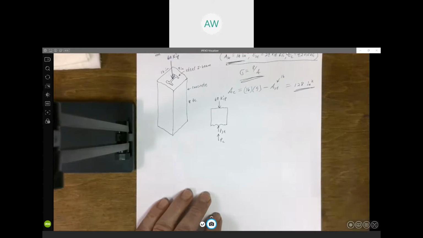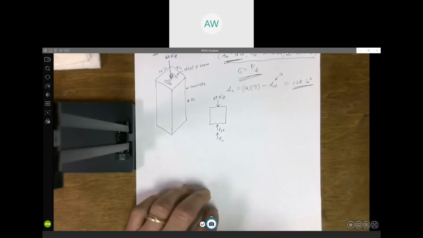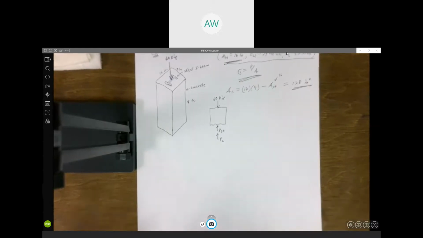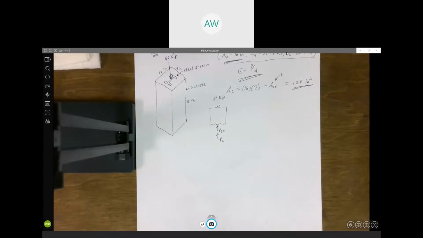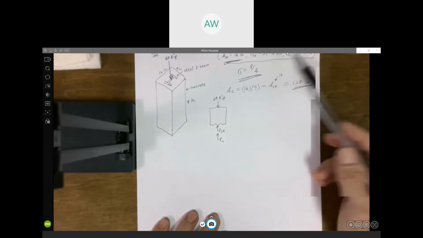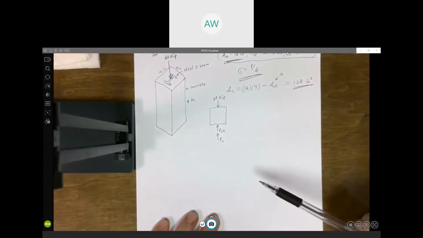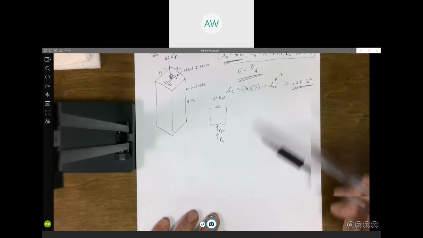Now here's where so many students I see with similar problems, they say, well, 60 kips, it's going to be 30 in the steel, 30 in the concrete. That's wrong, right? Go back to our illustrative 300-pound block that we were talking about. Steel and the concrete, they have different strengths. They're different sizes. It's not going to be 30 each.